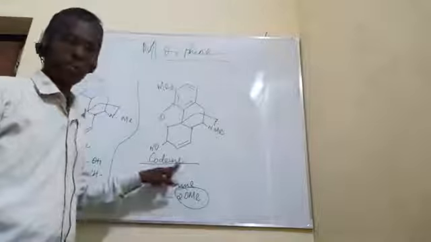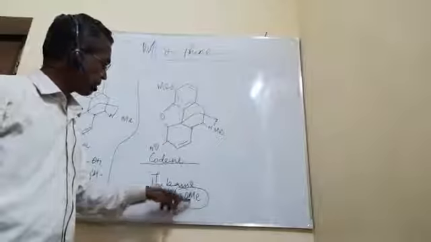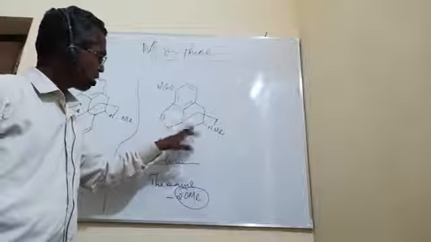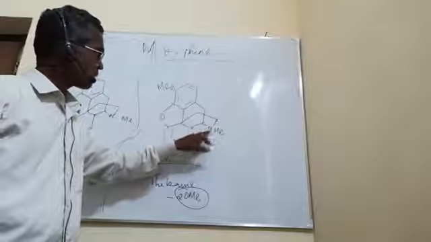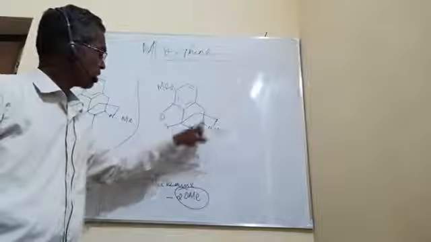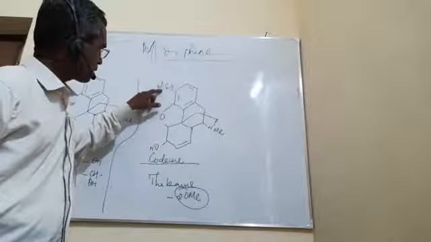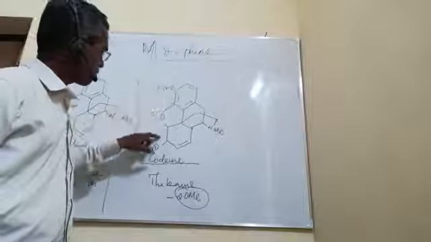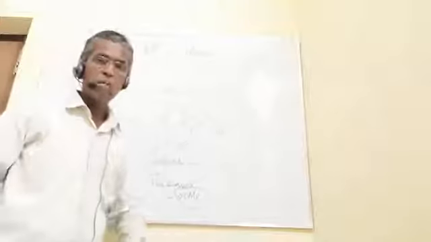This is your codeine. Now come to the third one, thebaine. In thebaine, compared to codeine, the basic nucleus remains the same, with the tertiary nitrogen, one methyl, and one epoxy oxygen. But the two OH groups we have in morphine are replaced by two methoxy groups.